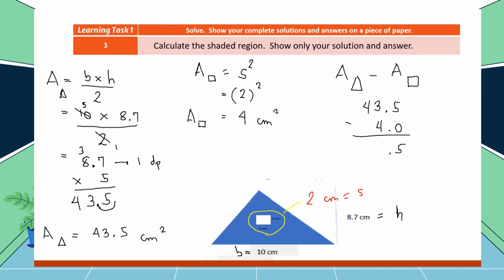So, hihiram tayo sa 4. Ito magiging 13. Ito magiging 3. So, 13 minus 4, the answer is 9. And then bring down 3. So, we have now 39.5 square centimeter. And this is our final answer.